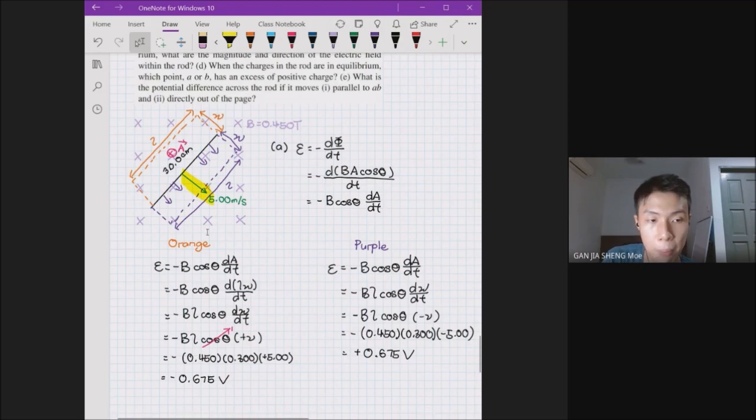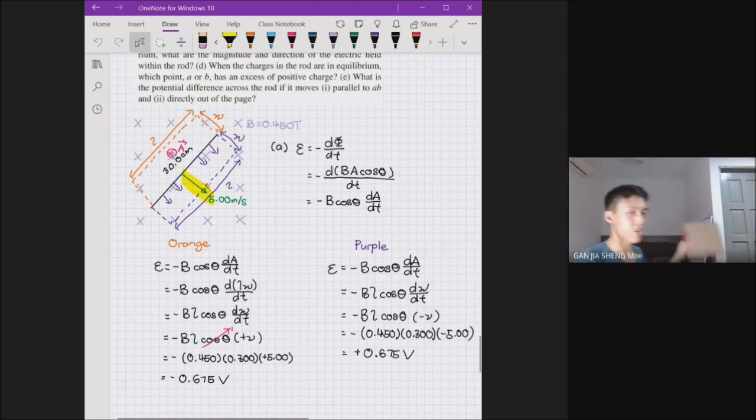So if you take the orange loop, the answer is a negative answer. So right now our area vector is pointing into the page. So if this is our area vector pointing into the page, then our turn will be a clockwise turn. But since you get a negative answer, it's the opposite of clockwise.